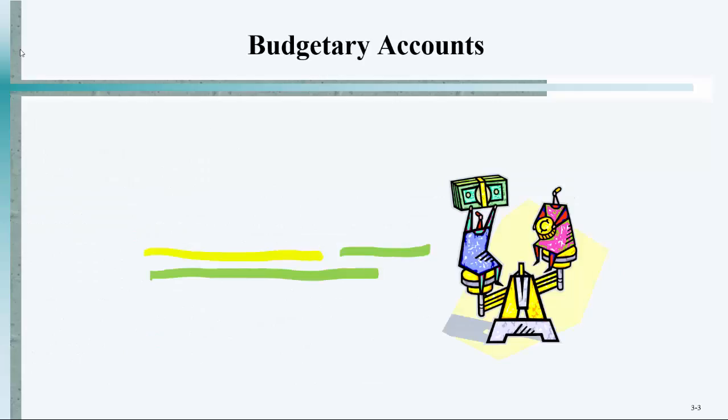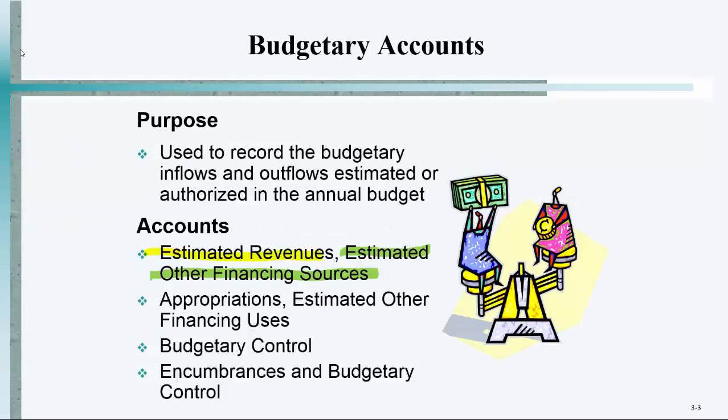Okay, so now we can come back and understand that we have these budgetary accounts, and these budgetary accounts are going to be estimated amounts. They're going to be estimated for our revenues. Now, the government doesn't know exactly what its revenues are going to be, but they estimate that.